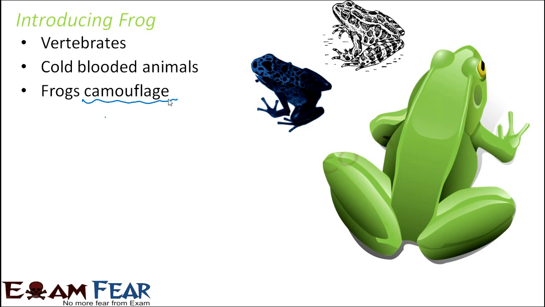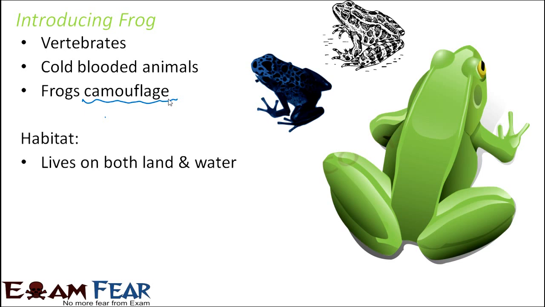For example, if the frog is between all green trees and bushes, it will try to change its color to green and then hide into the bushes, because when the frog is green and the trees are also green, the predator might not be able to identify or see the frog. So that is how it can escape. So this is known as camouflage. That means to change color as per the color of the environment in order to save itself.